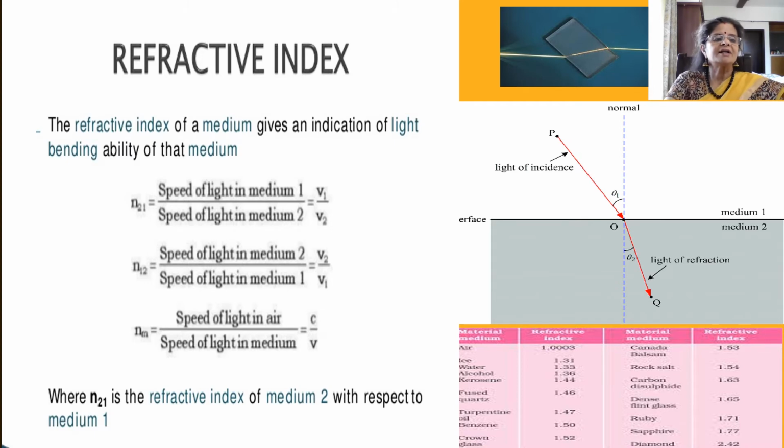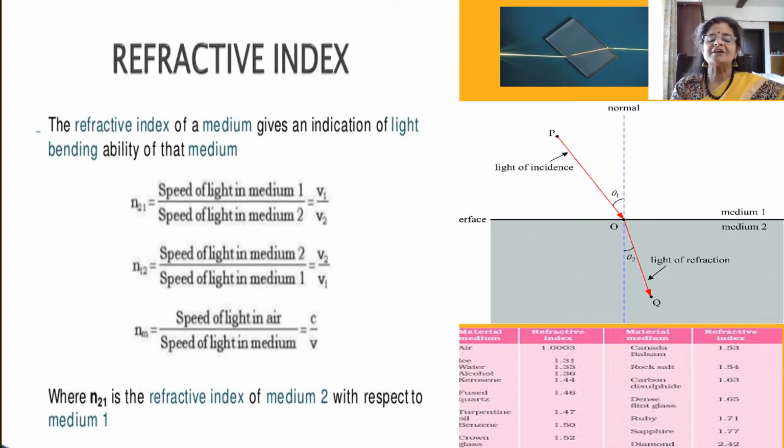Now, let's understand about absolute refractive index. If medium 1 is air or vacuum, then the refractive index of medium 2 can be called the absolute refractive index of the medium. It is represented as n2. Now, if c is the speed of light in air and v is the speed of light in the medium, then the refractive index of the medium nm is equal to the speed of light in air by the speed of light in the medium, that is c by v.